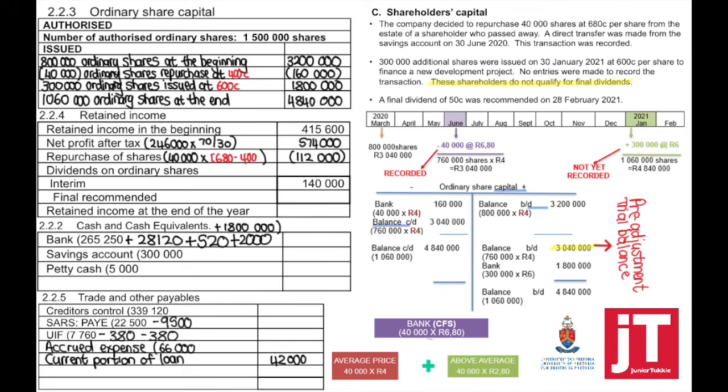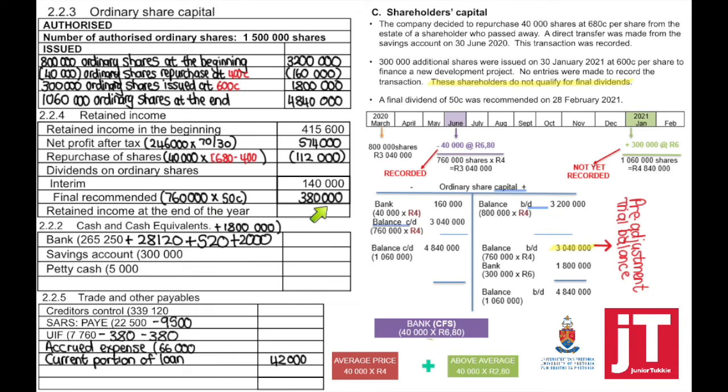Calculating the final dividends. If we look at the additional shares, these shareholders do not qualify for final dividends. To calculate the final dividends recommended, we need to take the 760,000, which is before the additional shares were issued, times 50 cents.